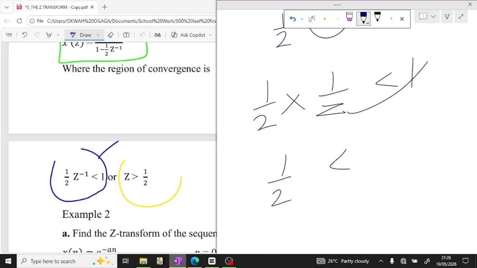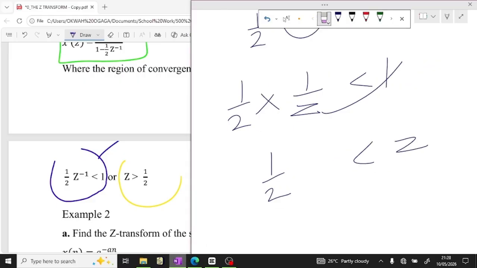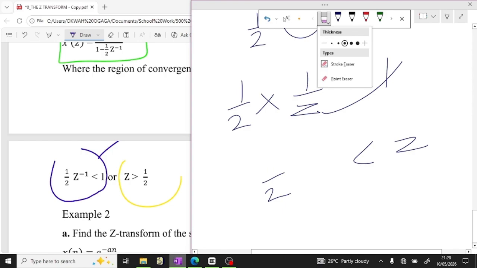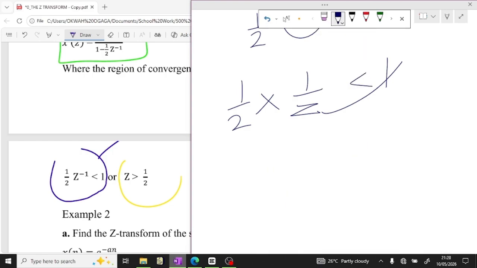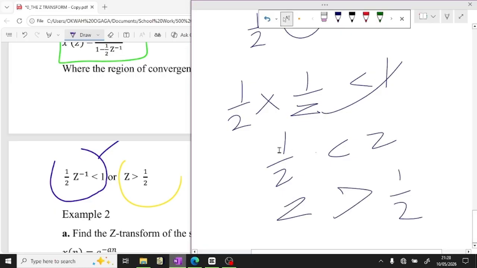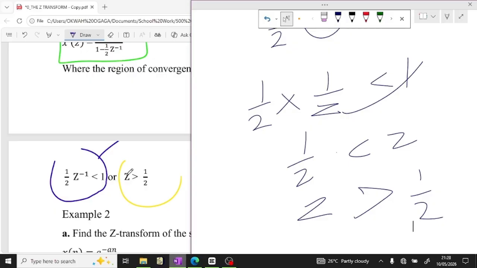It will be less than z. So 1 over 2 will be less than z, meaning z is greater than 1 over 2. If 1 over 2 is less than z, it means z is greater than 1 over 2, which is what you have here. Okay, so that's our region of convergence.